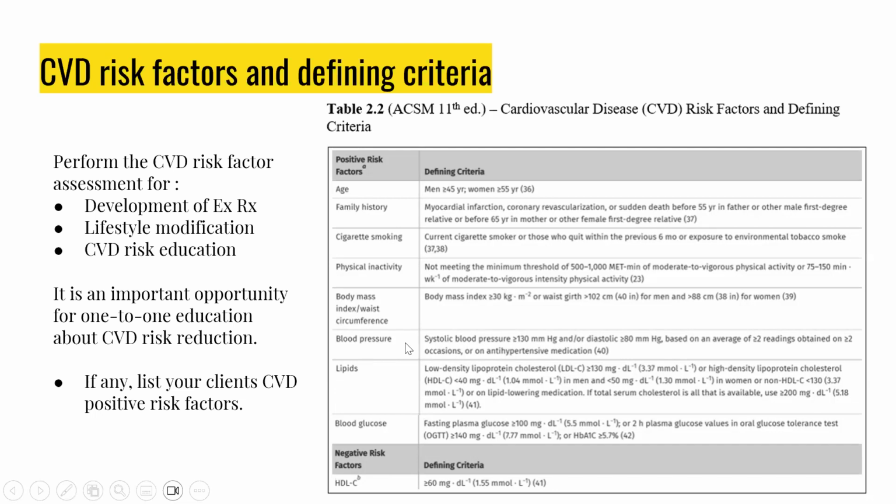So for instance, my client does meet this criteria, HDL over 60, and their age is over 45 for men, and they do have a family history of myocardial infarction. Since the HDL was over 60, out of these two positive risk factors I can deduct one, making it one, right? It's a very simple, easy explanation. That's essentially how you can determine risk factors.